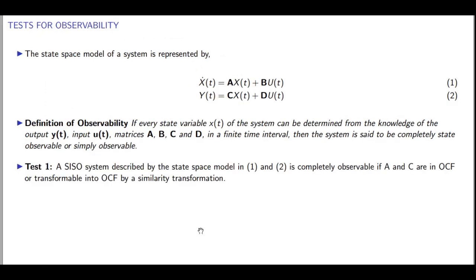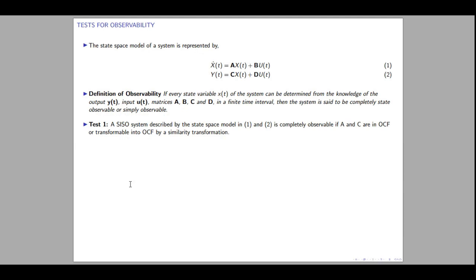The state space model as given in equations 1 and 2 is completely observable if the matrices A and C, the state matrix and the output matrix, are in OCF, or if I can transform them to OCF by a similarity transformation.